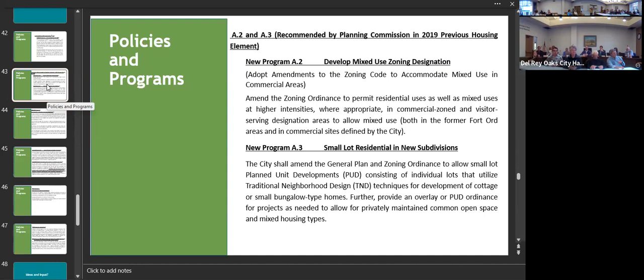There was also a small lot residential, tiny home, tiny lot program. It's new program A3. I should say it's not really new. There's another one that the planning commission had and recommended to the city council.